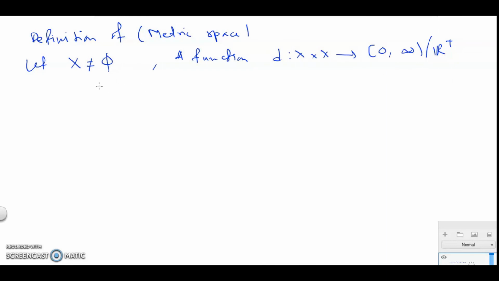Now this special function d is called a metric. Now there are a lot of functions. So when this d will be called a metric, at that time that function will be a special function.